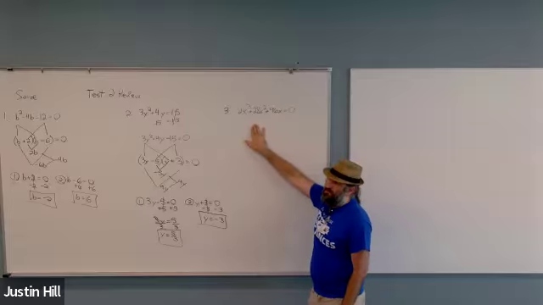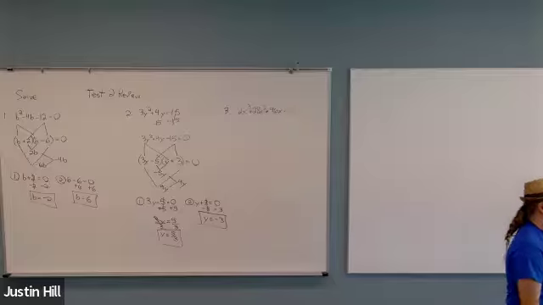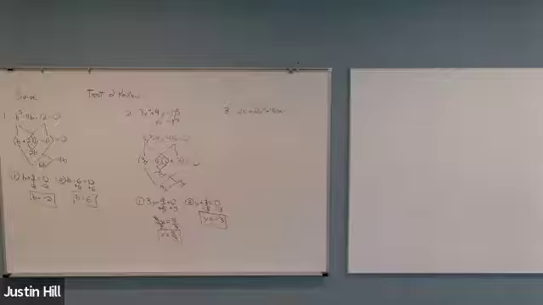The first thing I want you to do, and I'll give you a couple minutes to work, is look for a common factor, see if there's a common factor that you can divide out. So start there and let's see where you get on the problem.